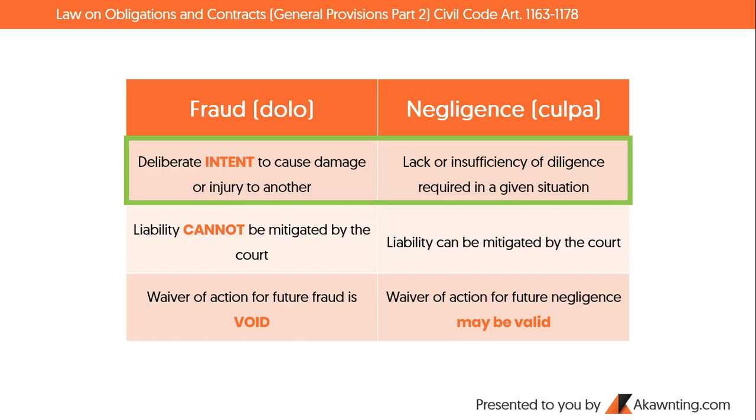So kung i-recall natin yung diligence, kapag silent si problem, the specific situation will require for you to observe the diligence of a good father of a family. So that is also called ordinary negligence.